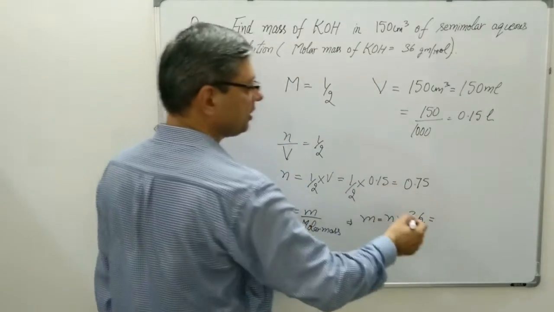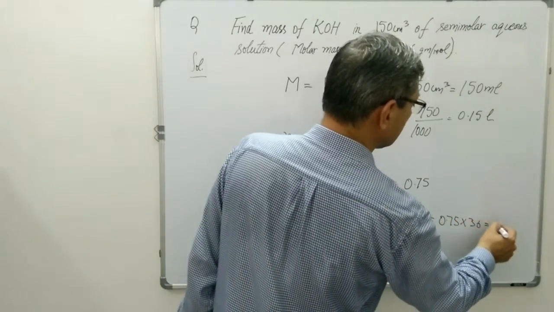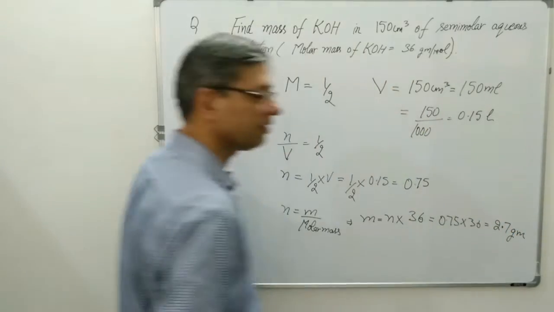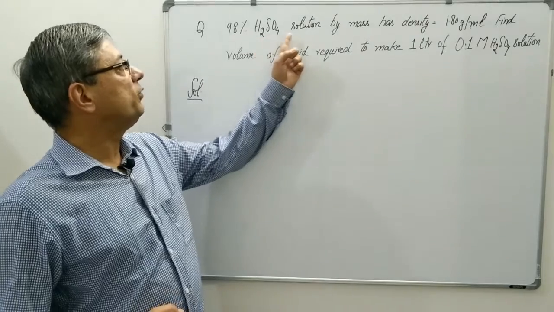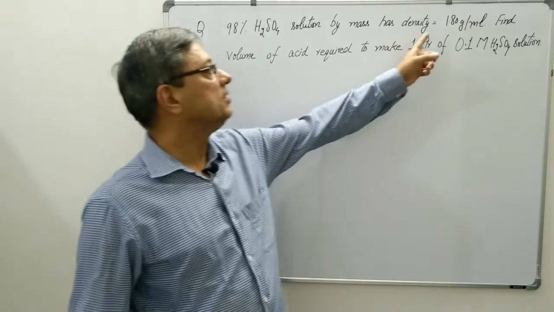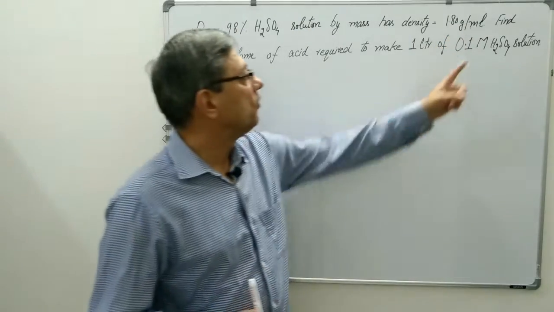Number of moles we have calculated 0.75 and multiplied by 36. Answer will be about 2.7 grams.